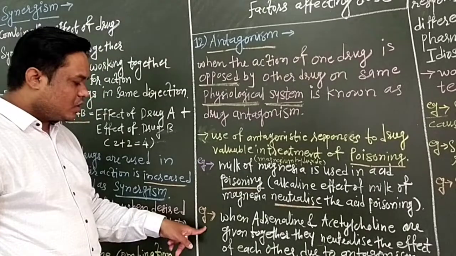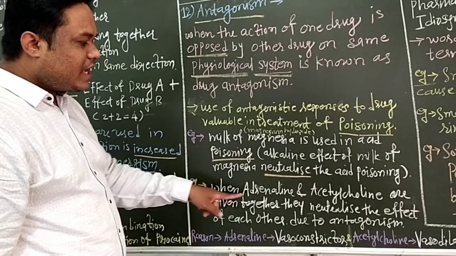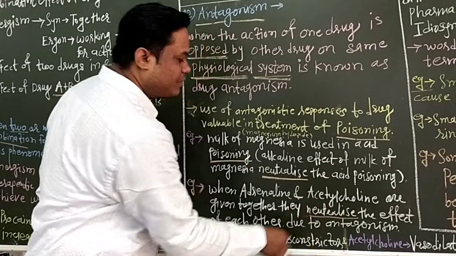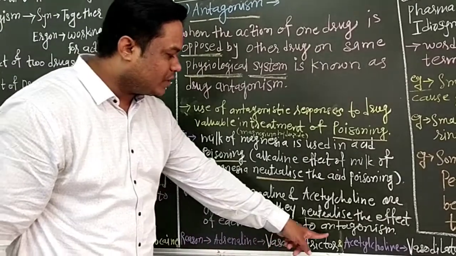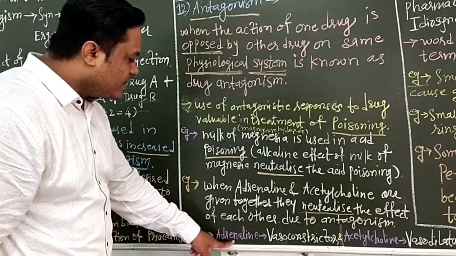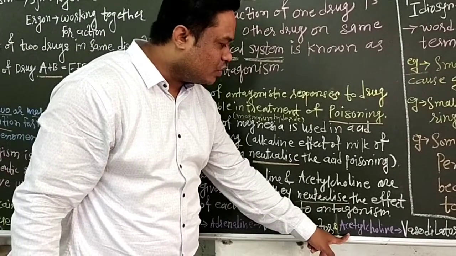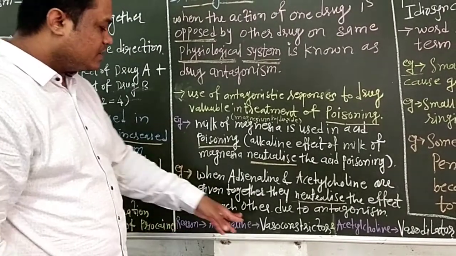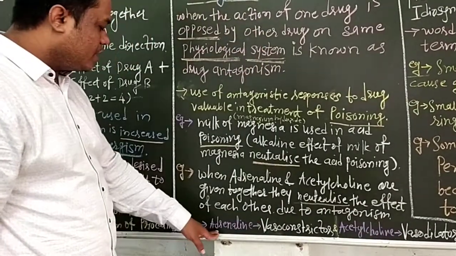The second example: when adrenaline and acetylcholine are given together, they neutralize the effect of each other. Means they oppose the effect of each other, and that is called neutralization when given in combination, due to the antagonistic action of adrenaline and acetylcholine, because adrenaline has the action of a vasoconstrictor and acetylcholine has the action of a vasodilator.